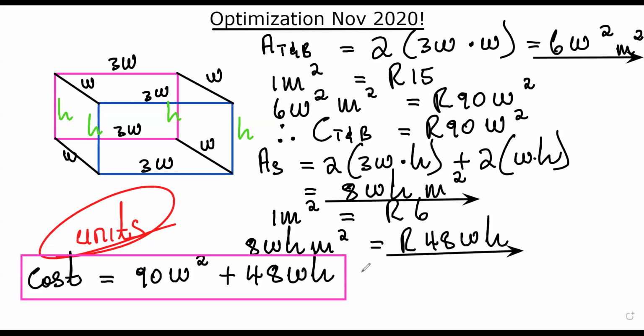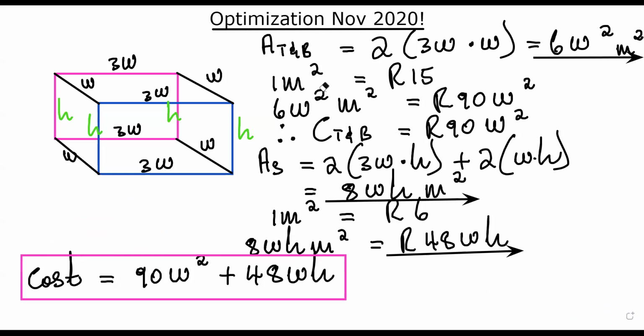But if they say to you, find the width, then it tells you that your cost function has to be a function of the width. It has to be expressed completely in terms of the width. And in this case, we can see that it's not expressed completely in terms of the width. Why?